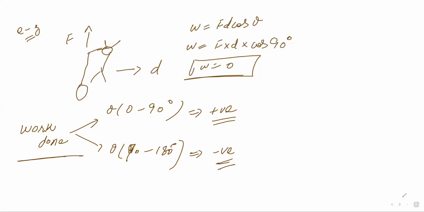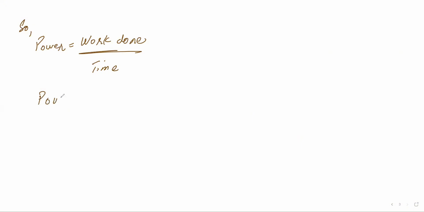Now, how can we calculate the power by just using the work done? Everybody knows that the power is the rate of change of work done, so work done divided by time. We're just trying to sort out a relationship between the power and the force. Everybody knows that the maximum work done should be force times displacement divided by time.